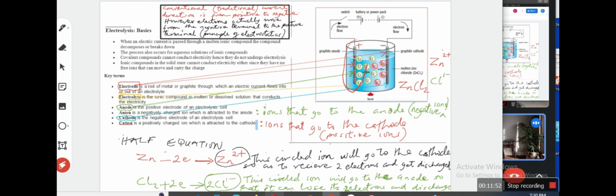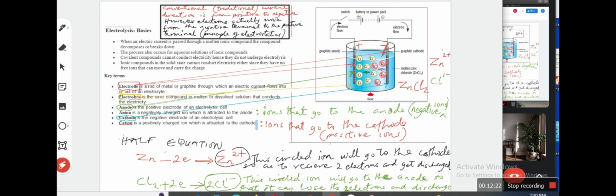Pay attention so that you will get it properly. First of all, anode is what kind of electrode? Positive. And they attract what? Negative ions. And because they attract negative ions, those ions that are coming to the anode are called anions, or anode ions.